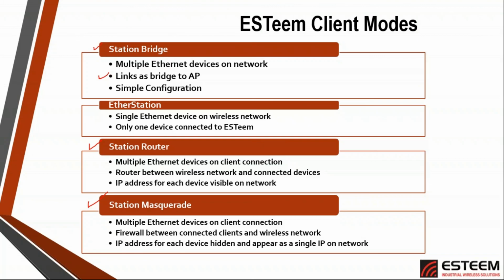If that's the case, you can configure that as a station router. Then the only thing that goes across the wireless network is what is specifically designed to do it. Same thing for the station masquerade mode. All the devices can talk to each other. They can request information from the wireless world, but nothing from the wireless world can get inside of that station. It's a very unique case, but the radio can be configured for any one of those.